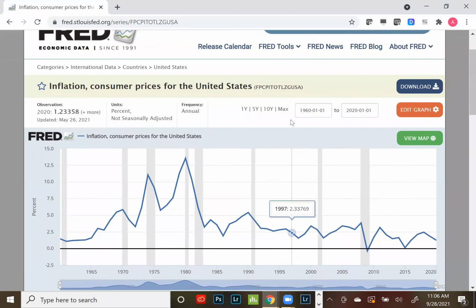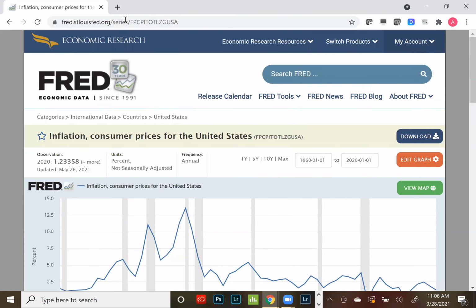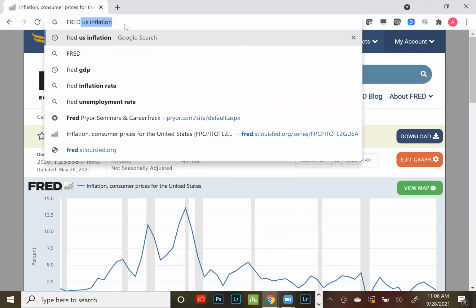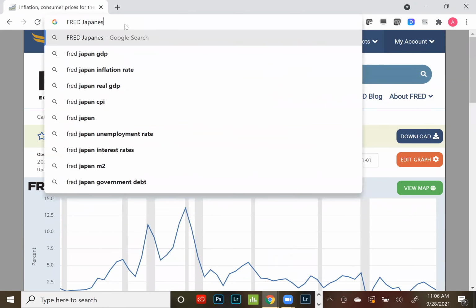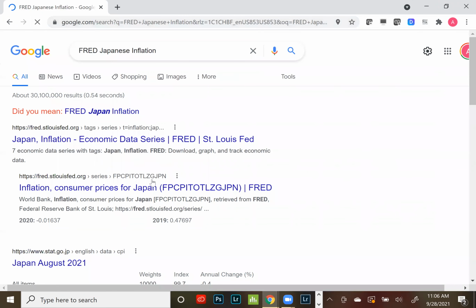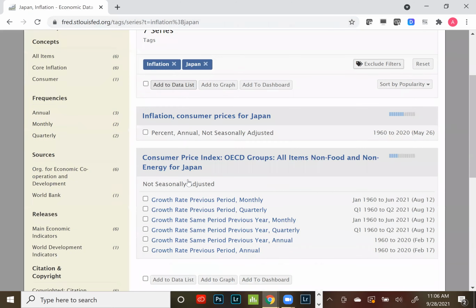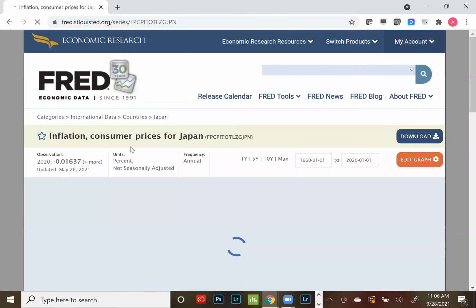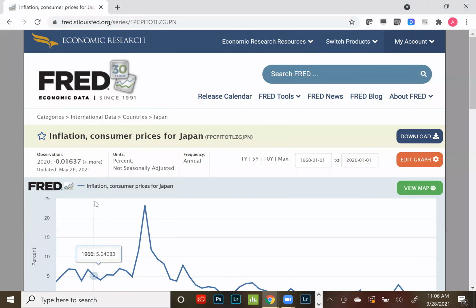So why don't we see if we can do this for Japan? They don't necessarily have foreign data for every single country. I mean, after all, it's meant to be for the United States, but they do have others. Here it is.